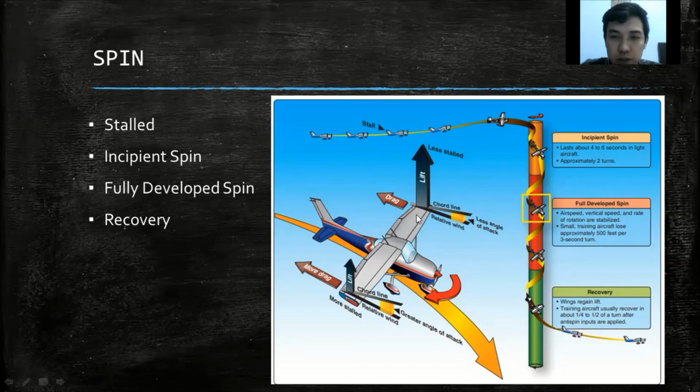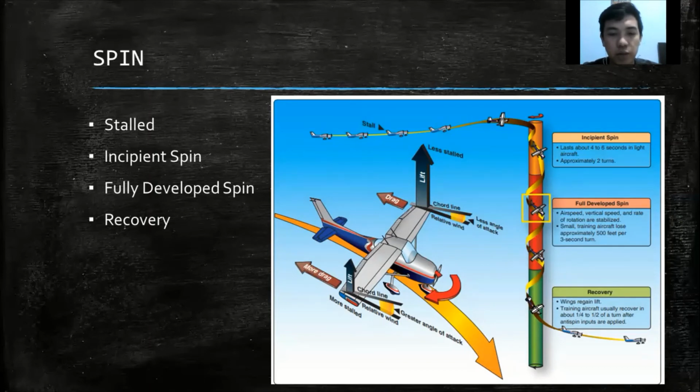Tapos ang nangyayari naman sa left wing experiences less drag and more lift. To put it simply, ang naging result nito is the aircraft then spins to the right. Tapos since nga more drag ang na-experience ng right wing, ang nangyayari din is the aircraft would also yaw to the right.